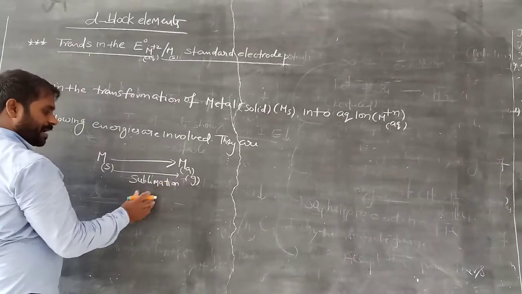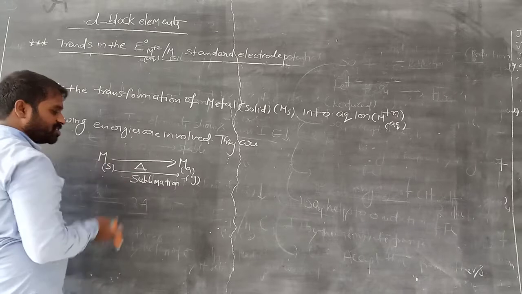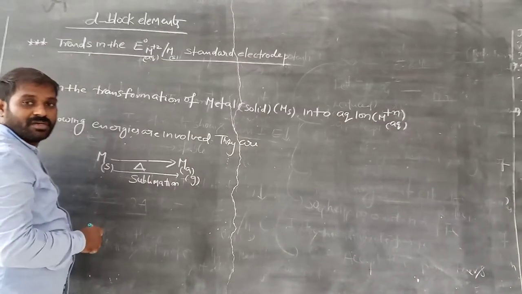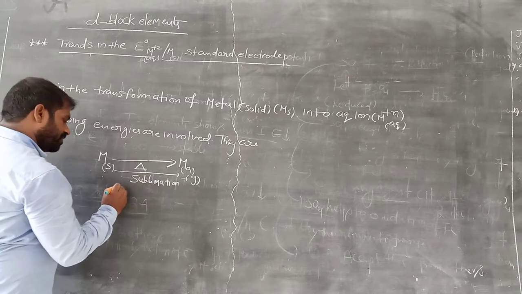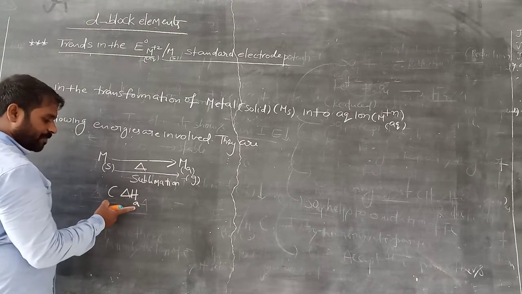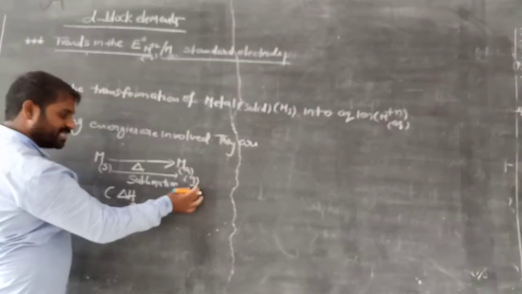Here we offer energy, and that energy is positive. When we add heat energy to the system, that is called positive. Now it is called delta H a, enthalpy of atomization.